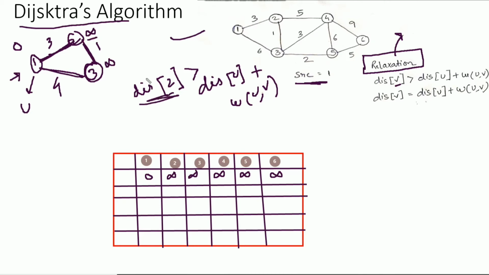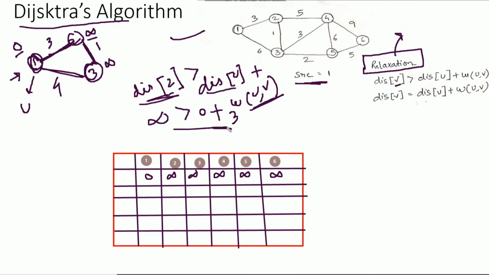So infinity is greater than distance of u. Distance of u, the current vertex, is 0. 0 plus weight between u and v, which is 3. So we find that infinity is greater than 3.